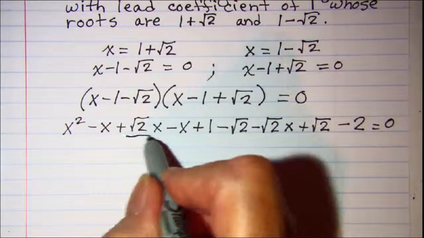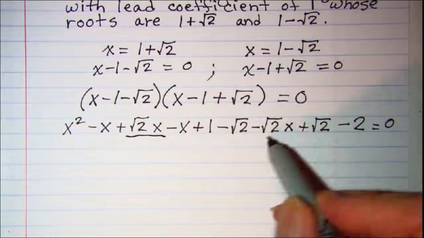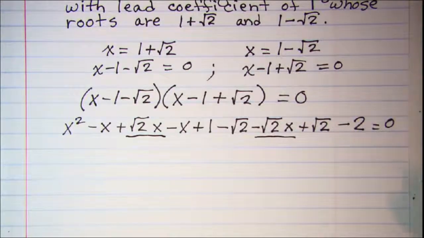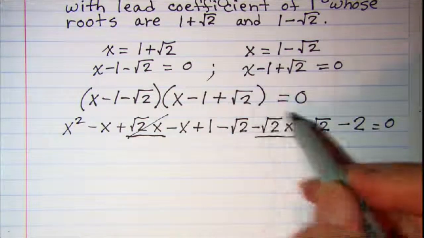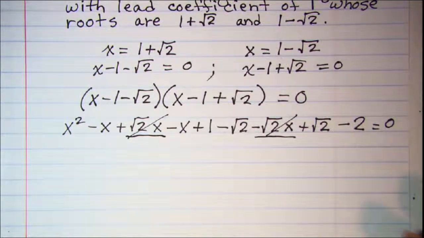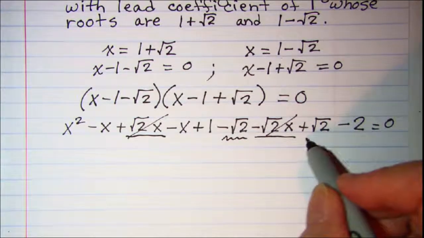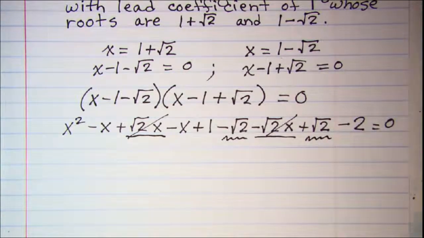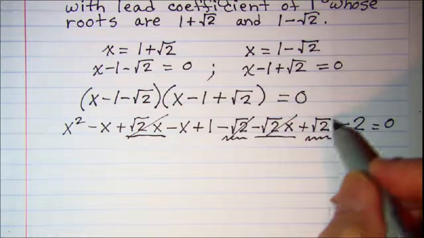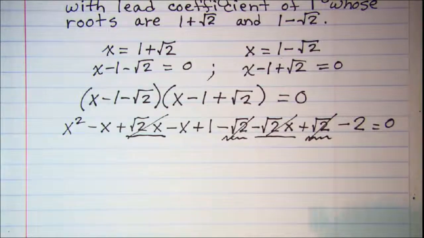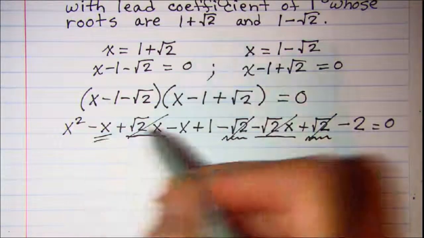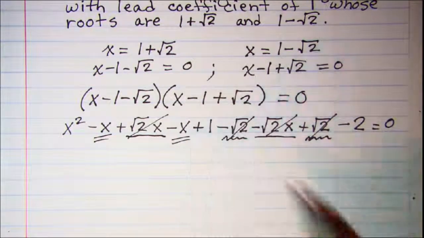Looks like I have a positive square root of 2 x and a negative square root of 2 x. Those are going to cancel. I have a negative square root of 2 and a positive square root of 2. Those are going to cancel. I have a negative x and a negative x.